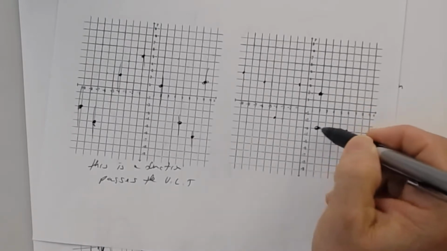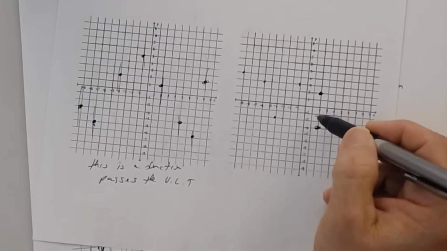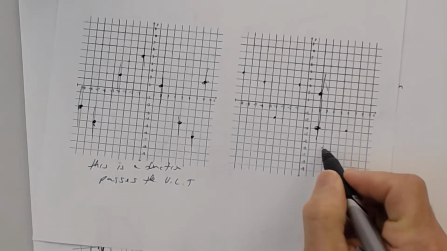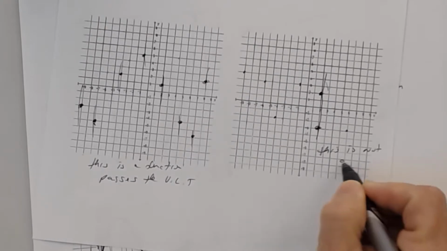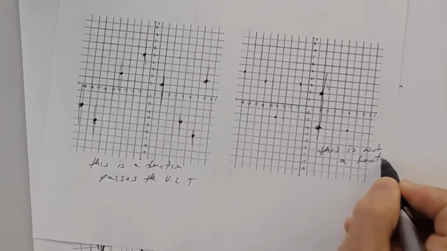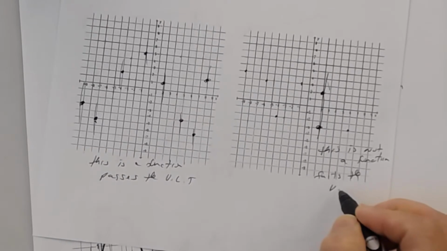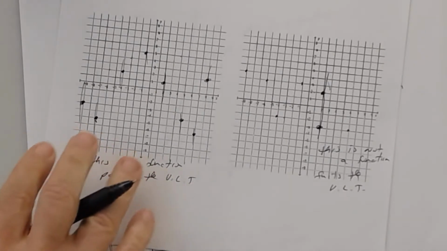And what's the other y value? -3. Remember, the definition said for each x, there's got to be only one y. In fact, you can see right here that it fails the what? Vertical line test. So this is not a function. It fails the vertical line test. Okay?